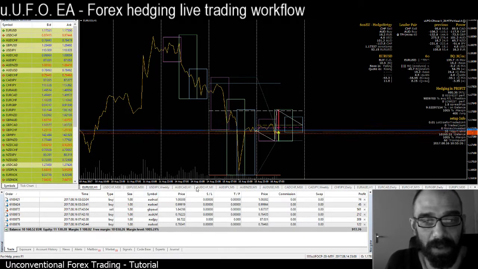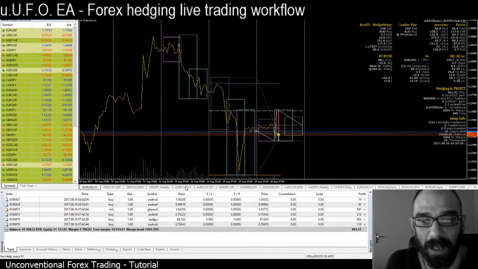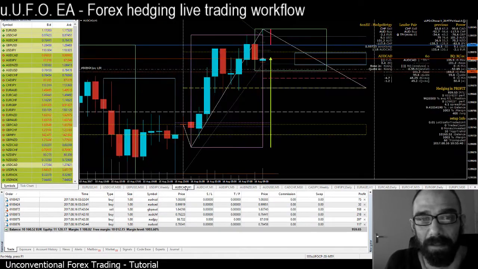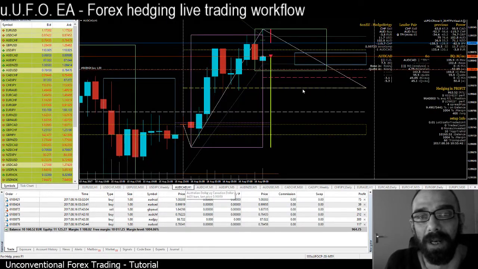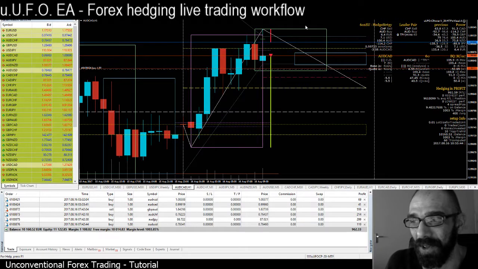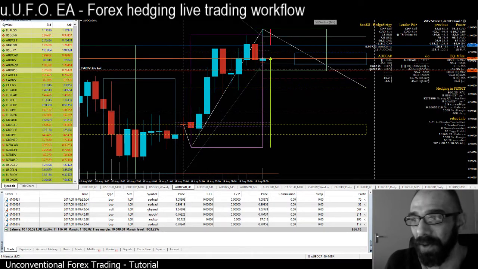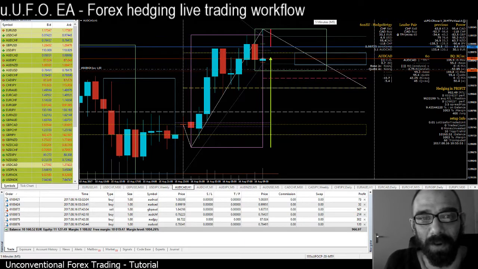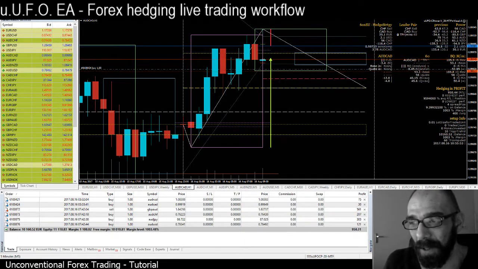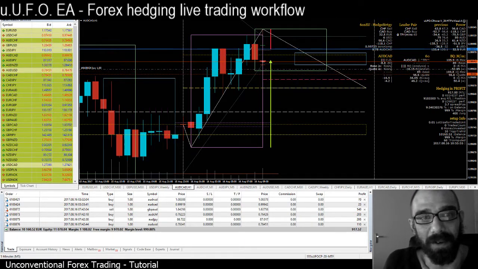So for example, if we go to the Aussie CAD, I'm picking randomly because I don't know at the moment. I just opened the chart and decided to make this integration for you to understand the workflow on a totally manual setup, which is not very difficult to understand.